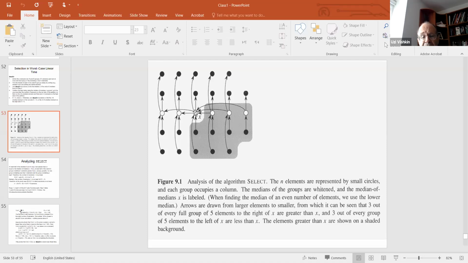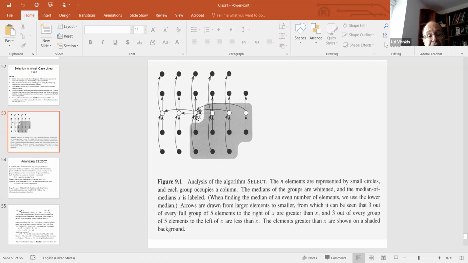If you have a question about this critical point, please ask now. So let me repeat the claim. The claim is that the median of medians is guaranteed to be less than or equal to 3/10 of the elements.